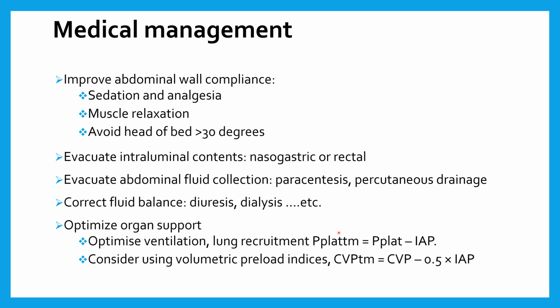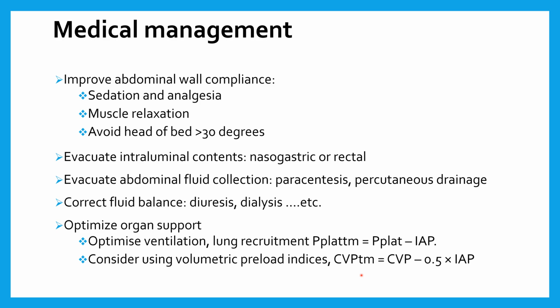the transmural pressure here will be the plateau pressure minus the intra-abdominal pressure. So if the plateau pressure is now 30 and the abdominal pressure is 20, it will be like a plateau pressure of 10. So we have to increase it in this patient. Also think about the preload indices, because we're now measuring the CVP.